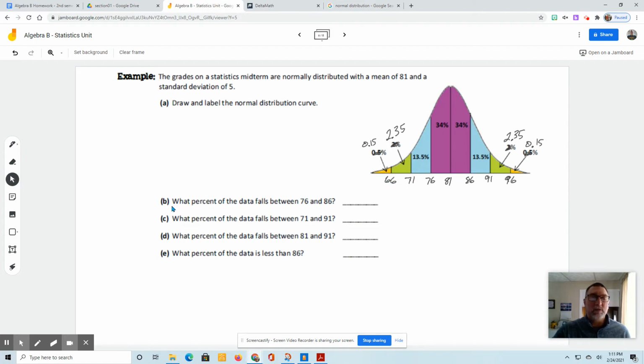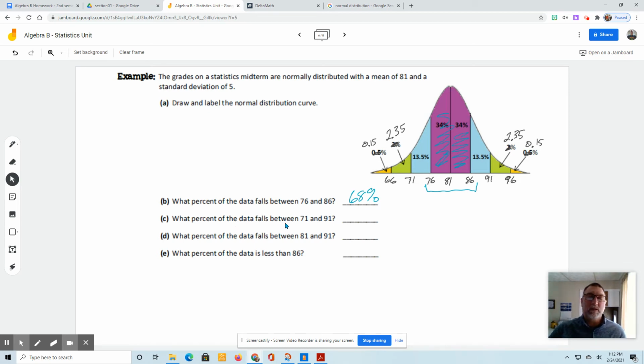So the question is, for letter B, what percent of the data falls between 76 and 86? Since 76 and 86 is this region here, that encompasses 1 below and 1 above. So we add those together, so that would be 68%.